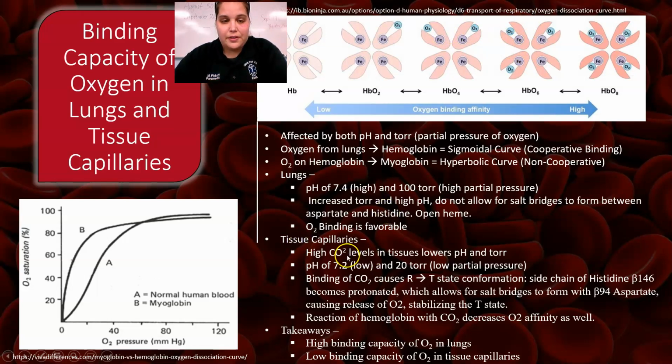In the tissue capillaries, the high CO2 levels in the tissues will actually lower the pH and the torr. In the tissue, you're going to have a pH of about 7.2, which is lower than 7.4, and a torr of 20, which is a low oxygen partial pressure, so the oxygen is naturally going to want to go over into the tissues.